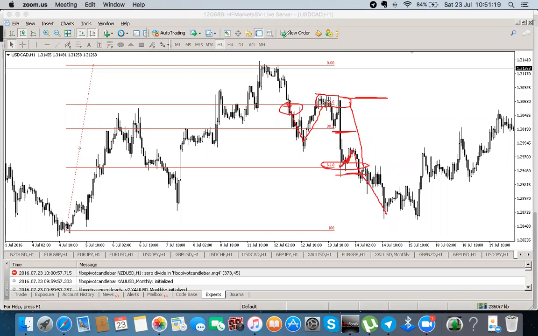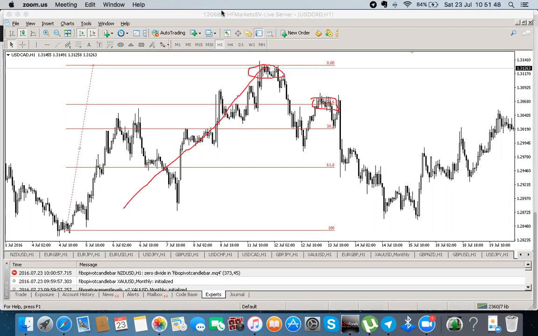Okay, suppose me as a trader. If I was taking this sell trade on this pair USD CAD, I would have taken the trade somewhere down here on the 23.6, because the market was trending upward and it had a resistance right here. How do you understand this is one of the resistances?